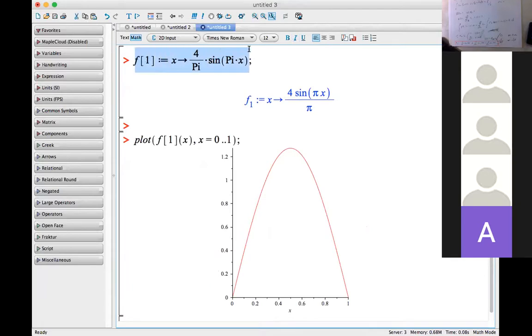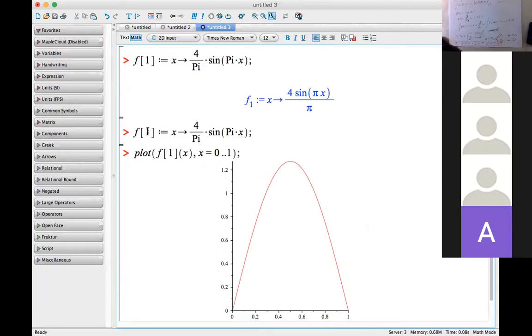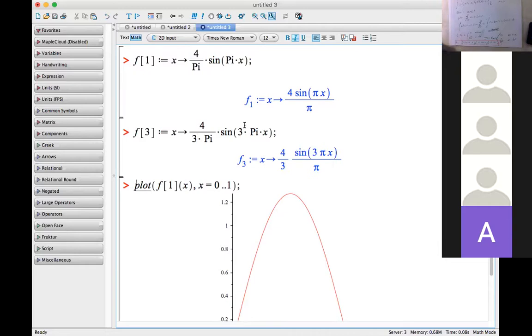Okay. Now, suppose I take the next sine function, f3, which was 4 over 3 times pi times the sine of 3 times pi x.